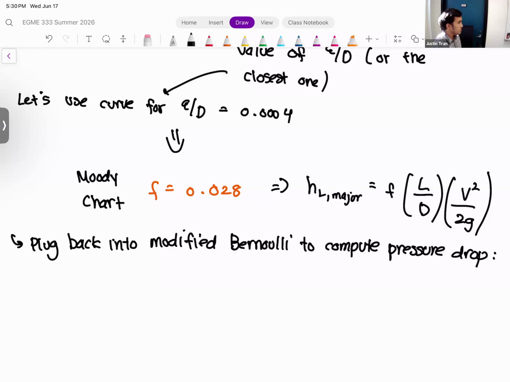Okay. All right, so let's write out our modified Bernoulli one more time, and then let's solve for P in minus P out.